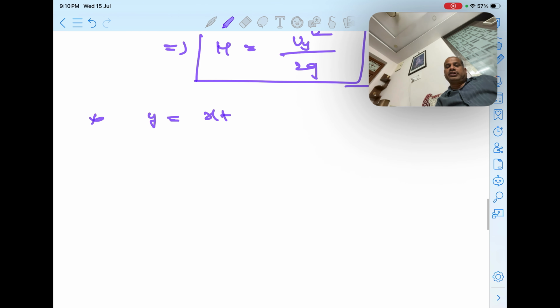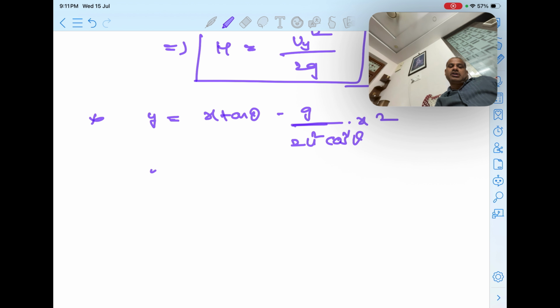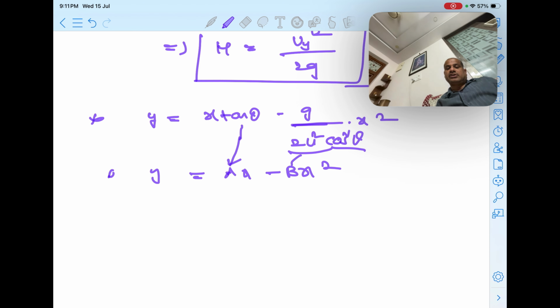So now you can summarize. Path of the projectile is a parabola. Trajectory equation is y equals x tan theta minus g by 2u square cos square theta into x square. Or we have seen y is equal to ax minus bx square, where a value is tan theta and this value is b.